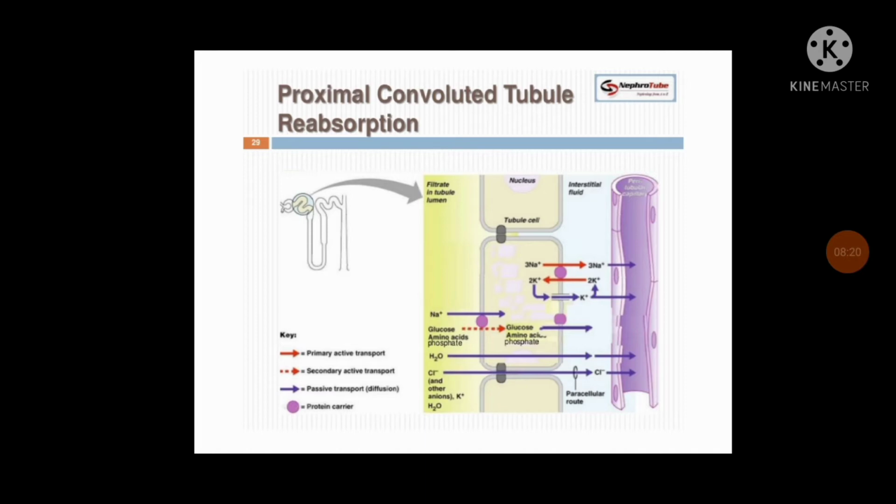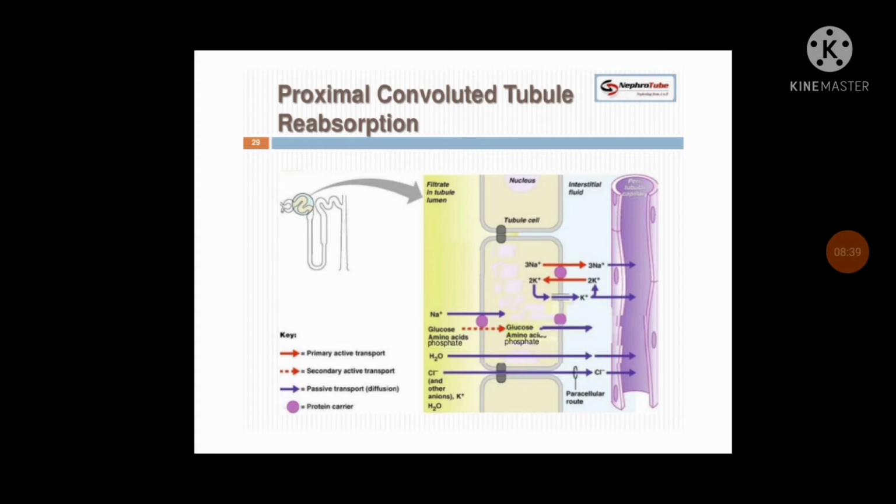Another important method is the active transport of sodium with the exchange of H plus ion. With that, it is going to secrete one H plus ion and reabsorb sodium.